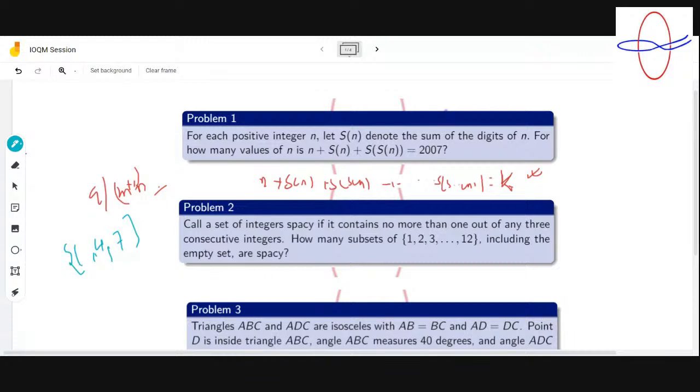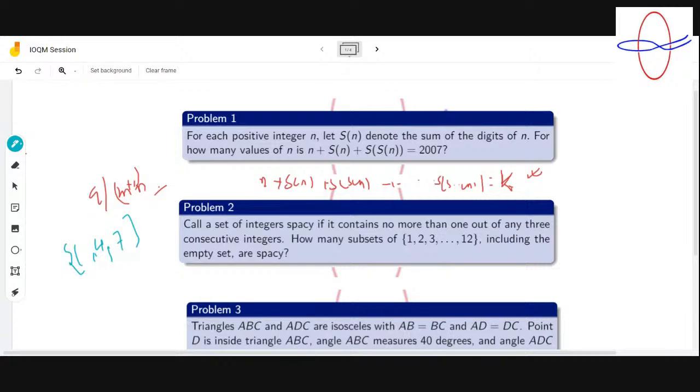Recurrence really seems the best shot, maybe. Let's try to find it out. The question is: call a set of integers Spacey, because there's a lot of space in between, if it contains no more than one out of any three consecutive integers.